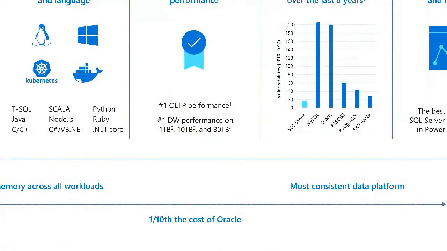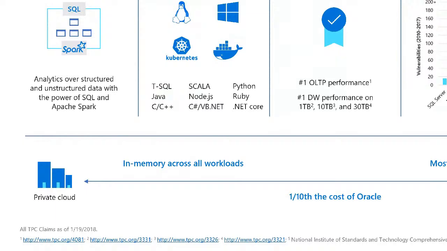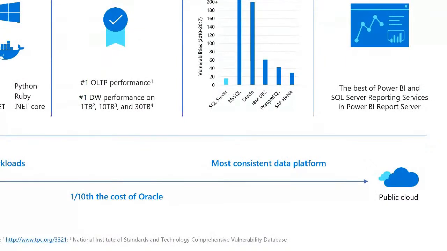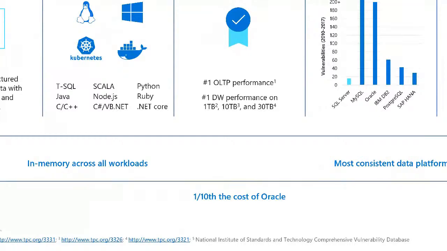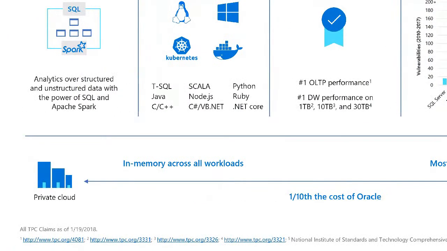You can have pretty much everything, the whole data platform, and you see in-memory across all platforms, even in private cloud and on public cloud. That means consistency and transparency between Azure, which is Microsoft's cloud, and any other private cloud product or on-prem product, like a buy-off-the-shelf product. With SQL Server, any edition that you buy and install on a server itself, you have the whole consistency.